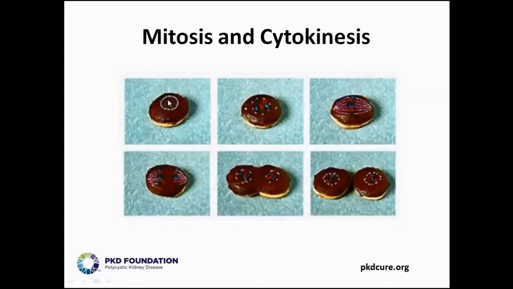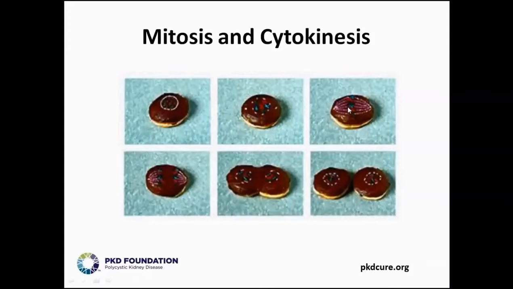You see in this first Bismarck, this is called an interphase cell. In other words, it's between mitosis, or it may be post-mitotic, never to divide again. But if it is going to divide, you see this condensation of what's called chromatin, which contains the DNA. And at this point, the cell has synthesized a duplicate copy of all the DNA and all the chromosomes.